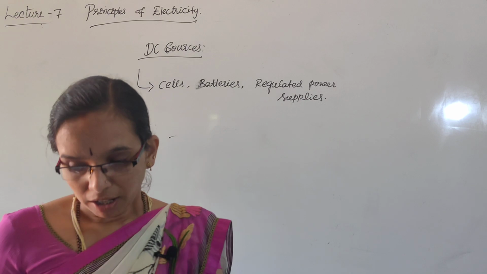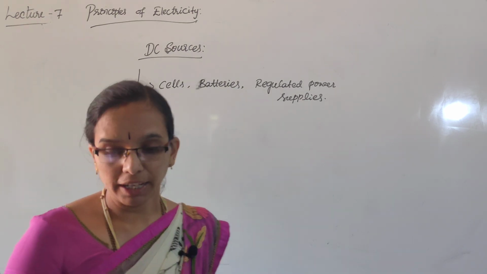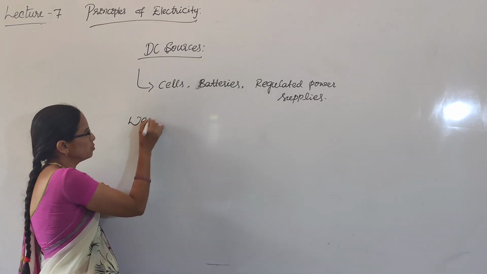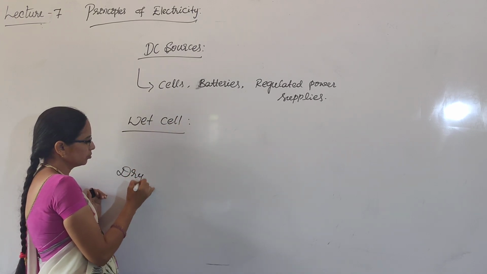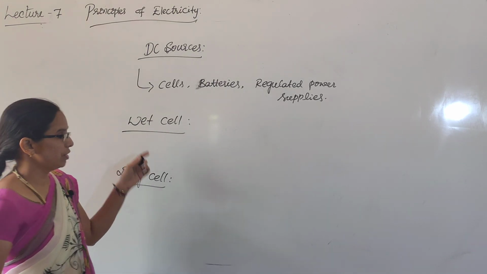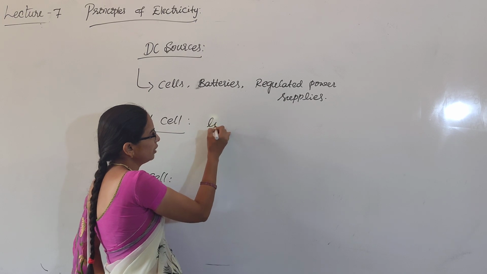Then again, depending on the electrochemical properties, cells are again divided into two types, wet cell and dry cell. Okay, what do you mean by wet cell? Wet cell, in a sense, has liquid electrolyte.